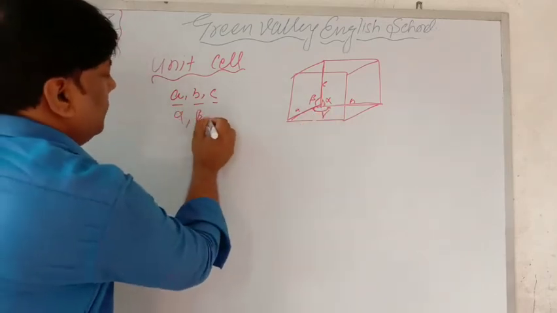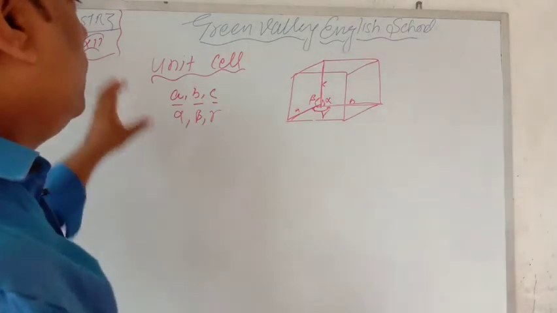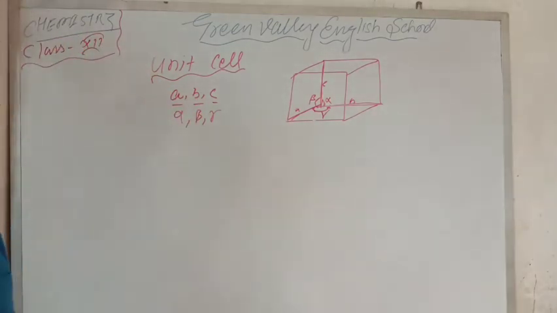So alpha, beta, gamma and A, B, C are the 6 parameters on which a unit cell is characterized.